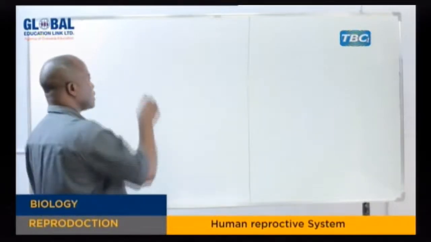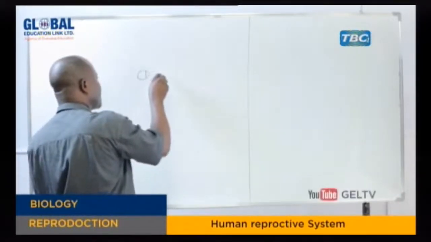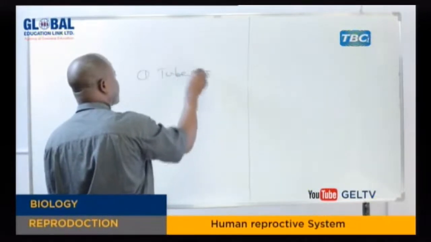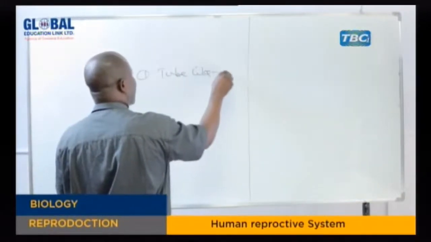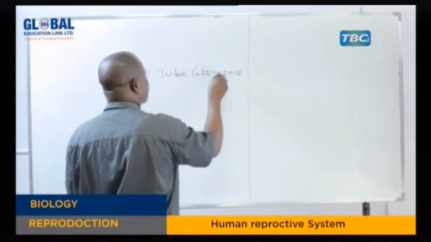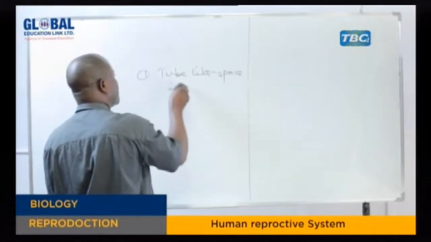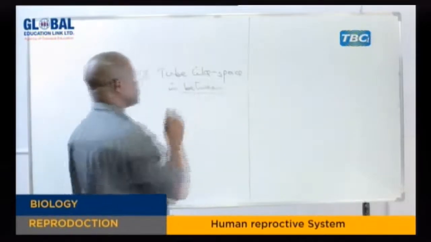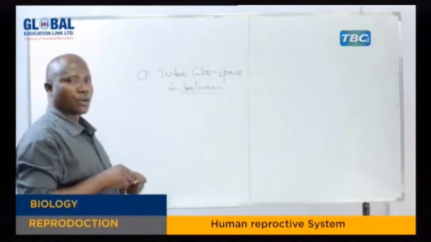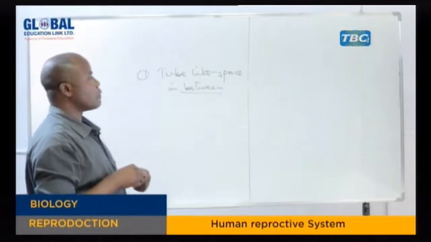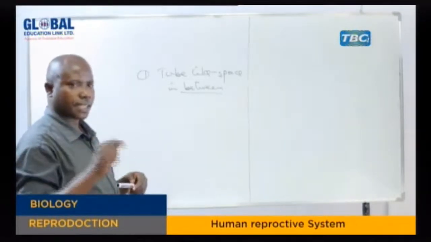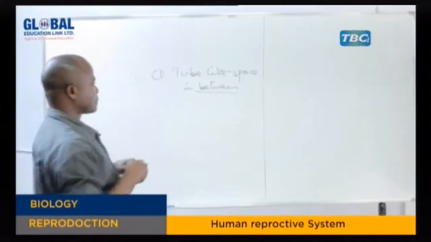First of all, the fallopian tube is a tube. It means it has space in between. You'll have to explain what is the essence of having a space in between from the ovary to the uterus.